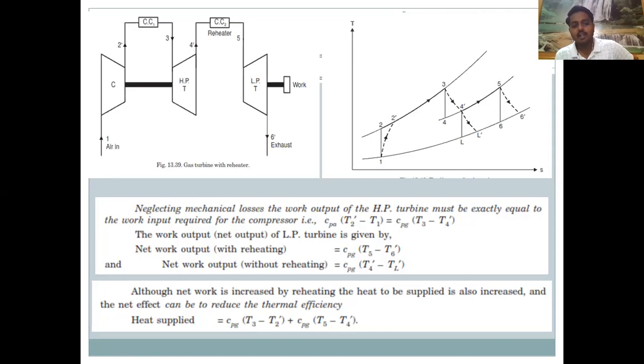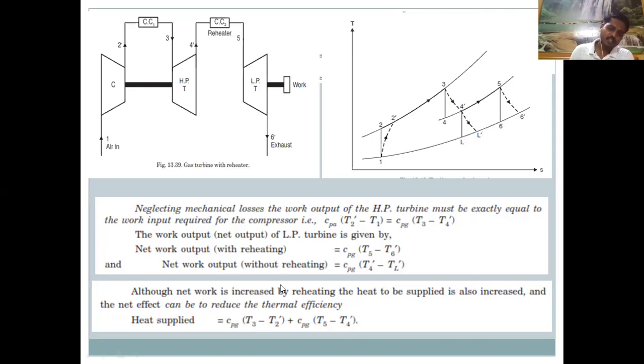And net work output without reheating: see in the TS diagram, if you are not having reheating, at that time directly T4 dash to TL dash. This process T4 dash, 5, 6 dash and L dash is not there when you are not having reheating.